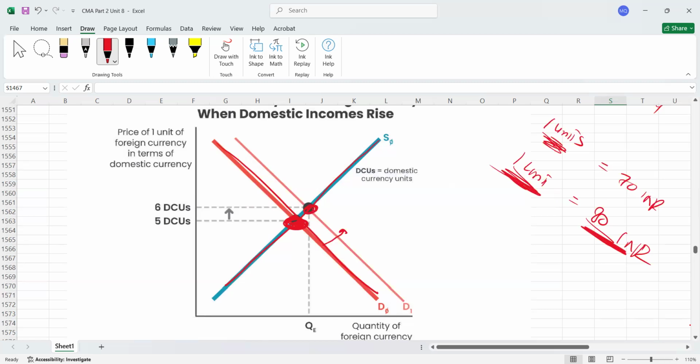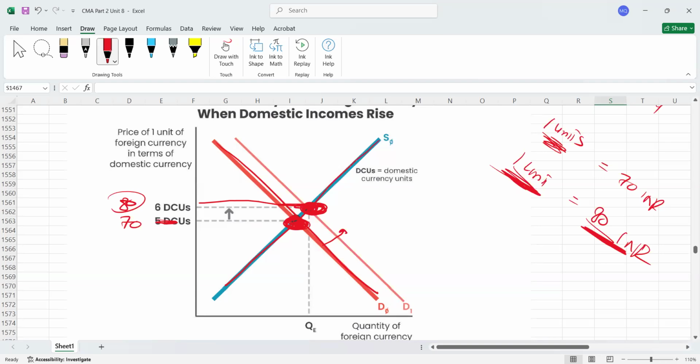So the new equilibrium point will be slightly higher than the old one. Previously it was 70 rupees, now it will become 80. So this is the new equilibrium point, 80.